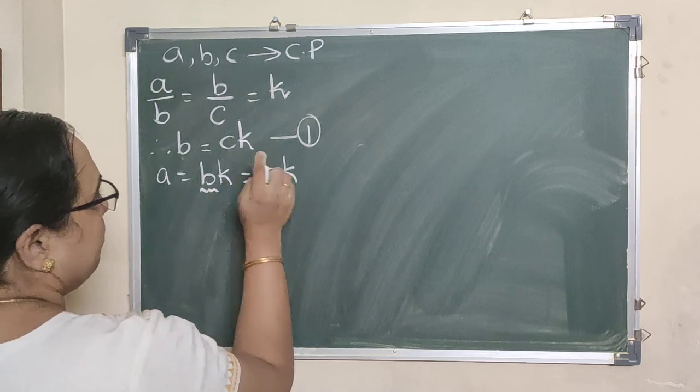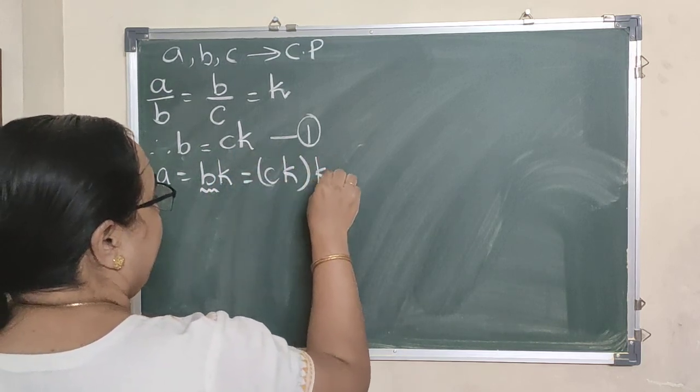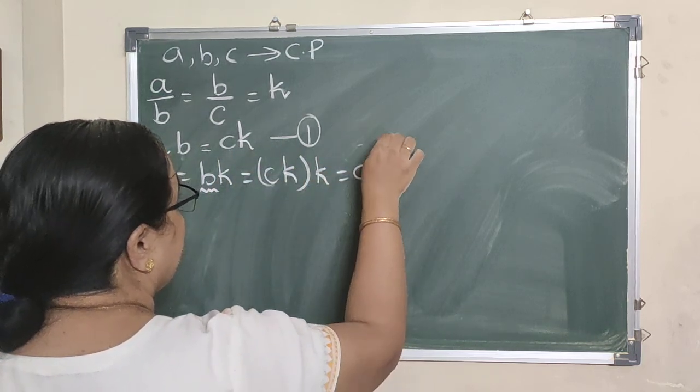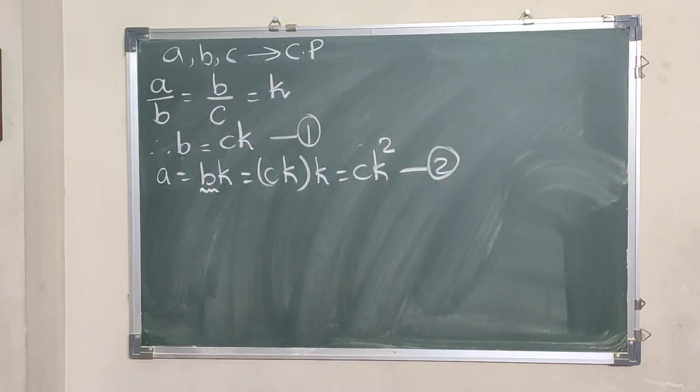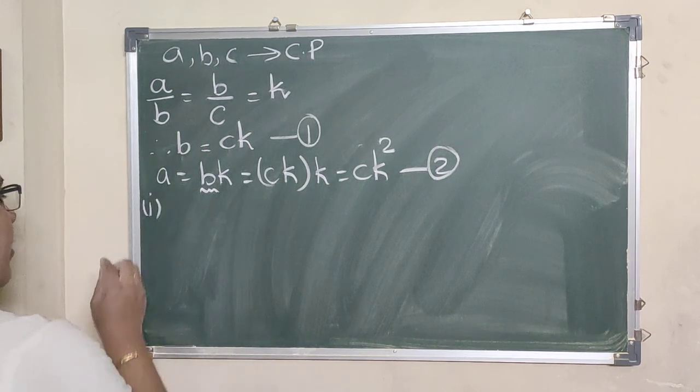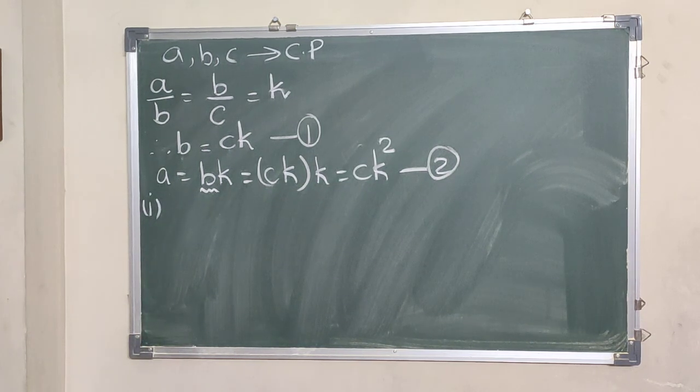So A is CK into K, giving us CK square. Equation 2. Mark it and we start. The first one. Here what we do is we first take the LHS, we solve the LHS, keep it as one of the equations. Then we do the RHS in a similar way, putting the values and try to see whether we are getting equal. Yes, it is equal. That is what they are asking us to prove.